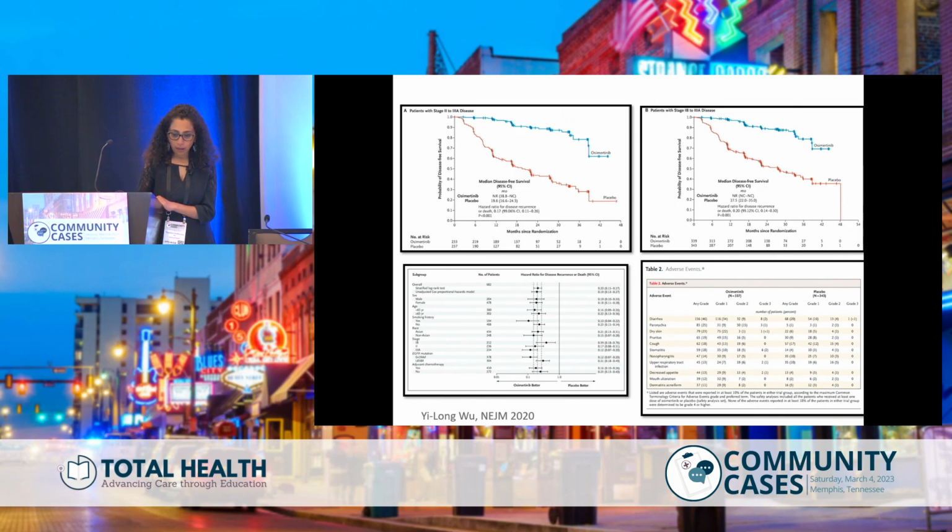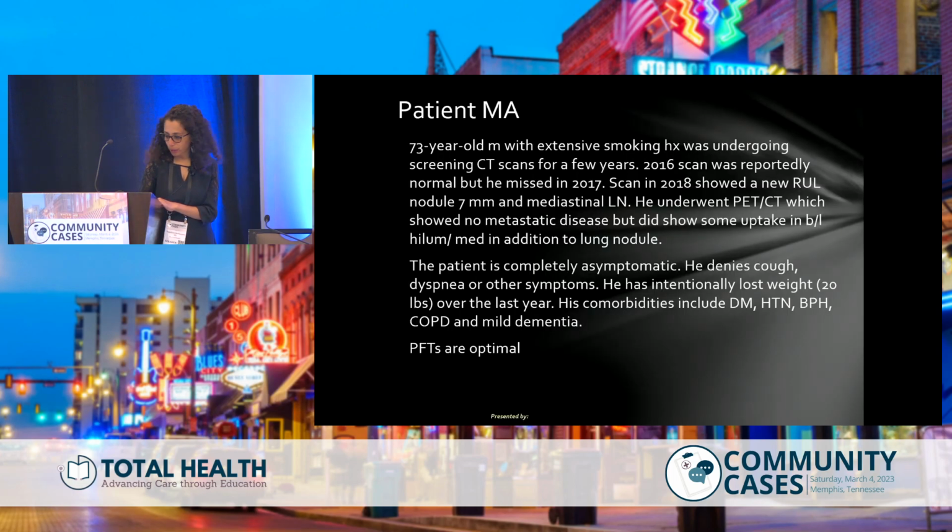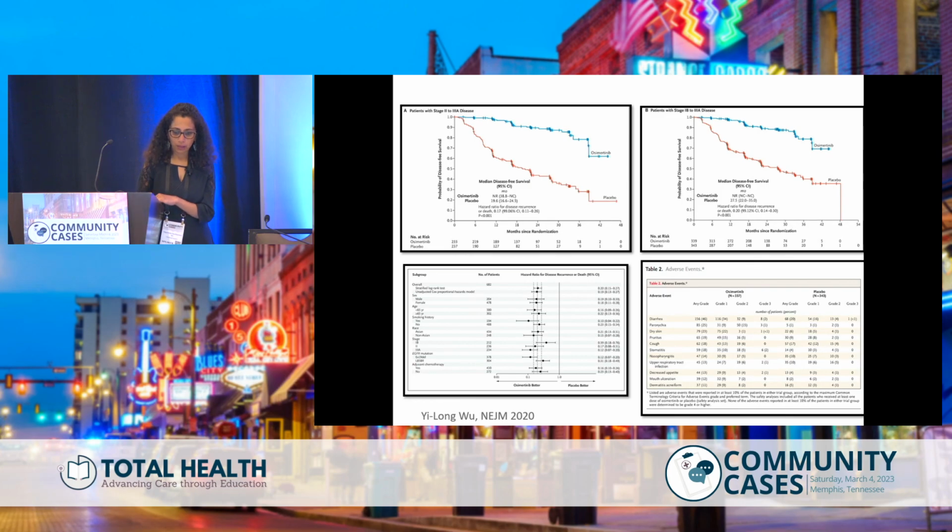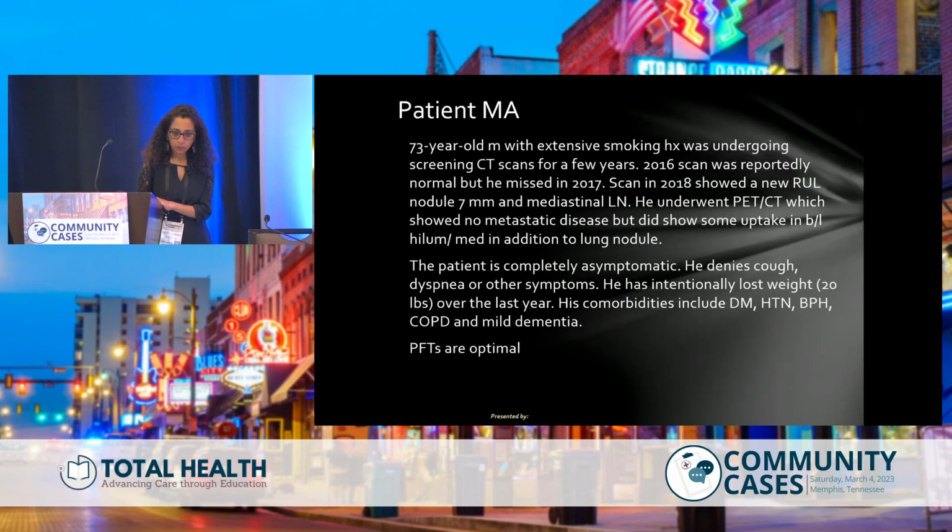This is the ADAURA study where osimertinib, post chemotherapy, plus or minus chemotherapy post-operatively, clearly, I think you can see it from outside the building, the curves separate out, with regards to every endpoint here, disease-free survival, in stage 2 to 3A as well as 1B to 3A. All groups of patients benefit from this. So there is no doubt that in this case, I think, it's a clear answer.